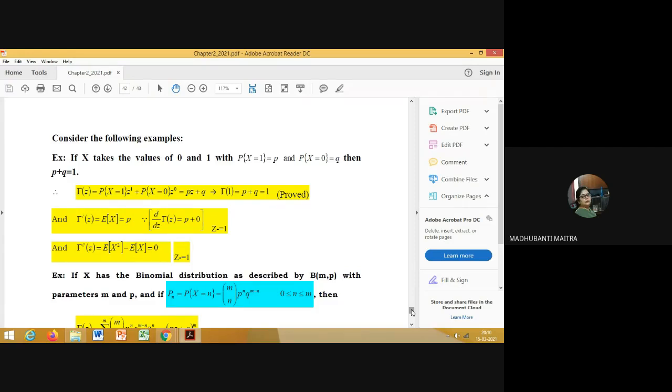Okay, ma'am. The variance will come to be equal to mpq.